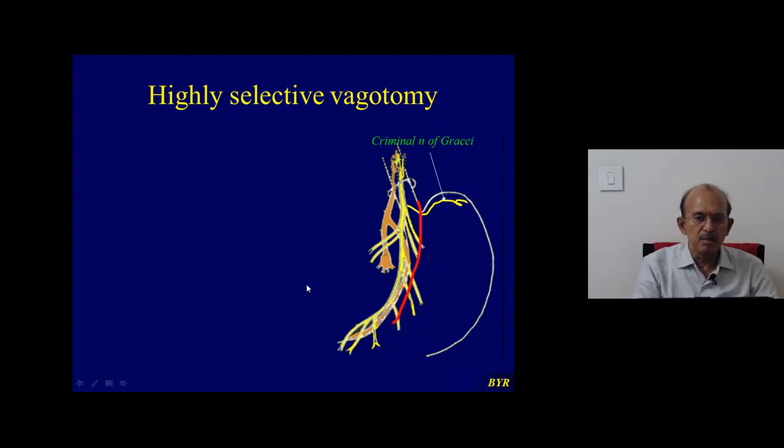The pyloric antrum is preserved. Because the antrum is preserved, the motility of the stomach is preserved. So this doesn't require a drainage operation. When drainage operations like gastrojejunostomy or pyloroplasty are not present, the normal activities of the stomach and duodenum and the normal pathway of food passage will be there. So postoperative sequelae or morbidity is very much less with this particular procedure. So this is called the highly selective vagotomy.